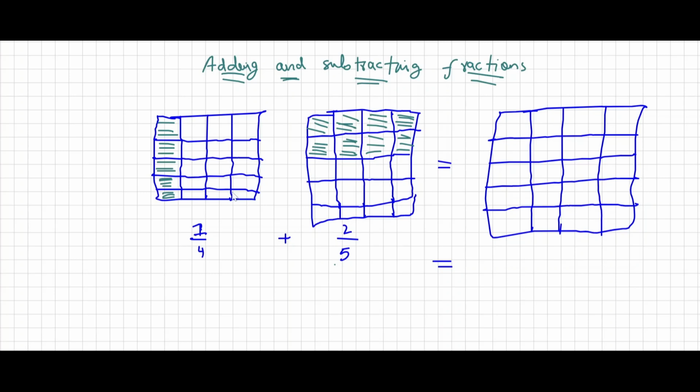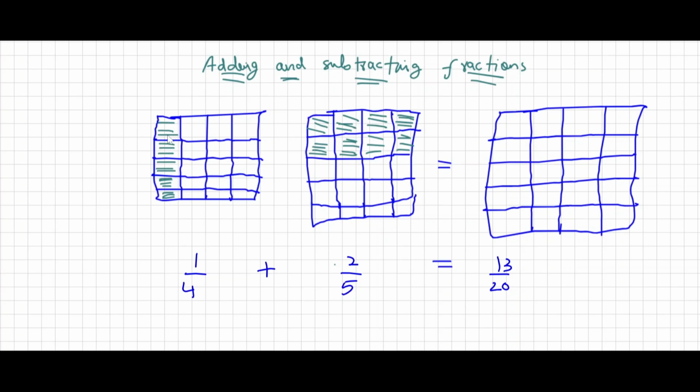Let me write it in a correct way. It's 1 by 4 plus 2 by 5, and you will get 13 by 20. Here there are 20 square boxes: 1, 2, 3, up to 20.